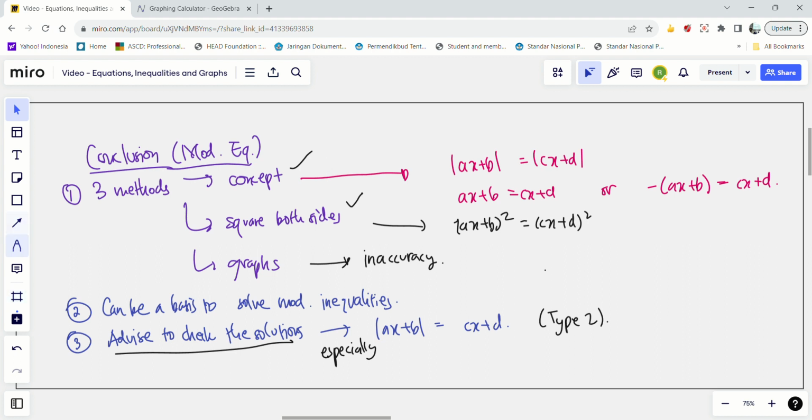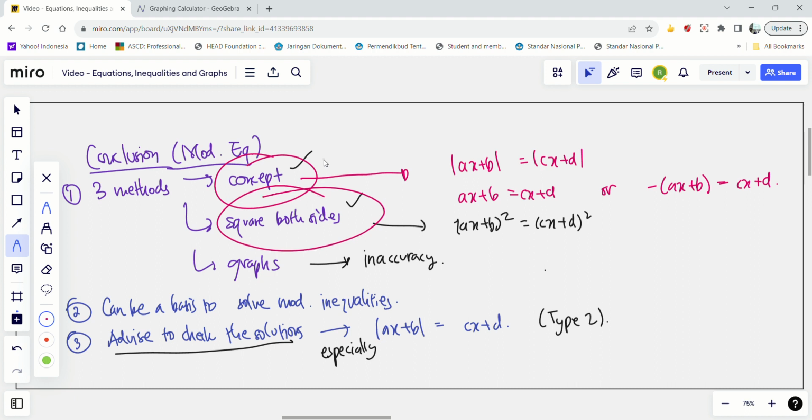We'll need the concept, we'll need this too, and then we'll also need the graphs later on. So it can help us check whether our solutions are correct or not. Please think about how you would deal with the modulus inequalities by yourself first before you watch the video. Okay, see you in the next video.